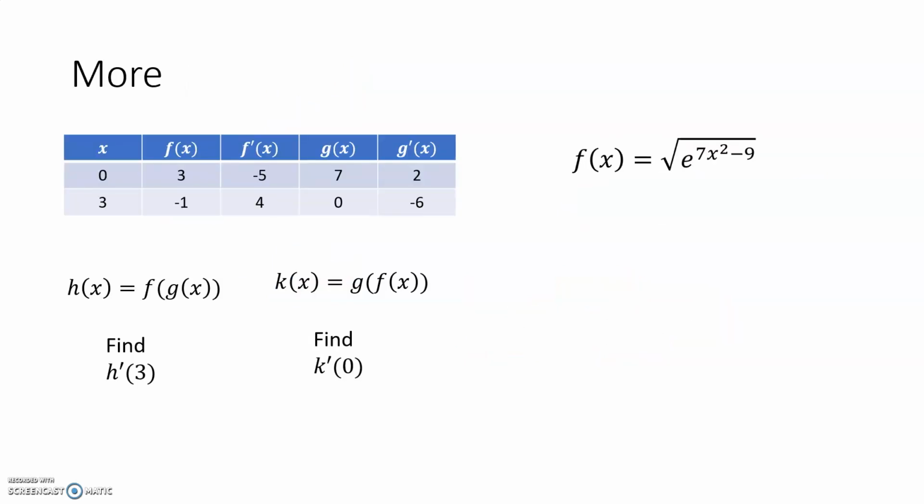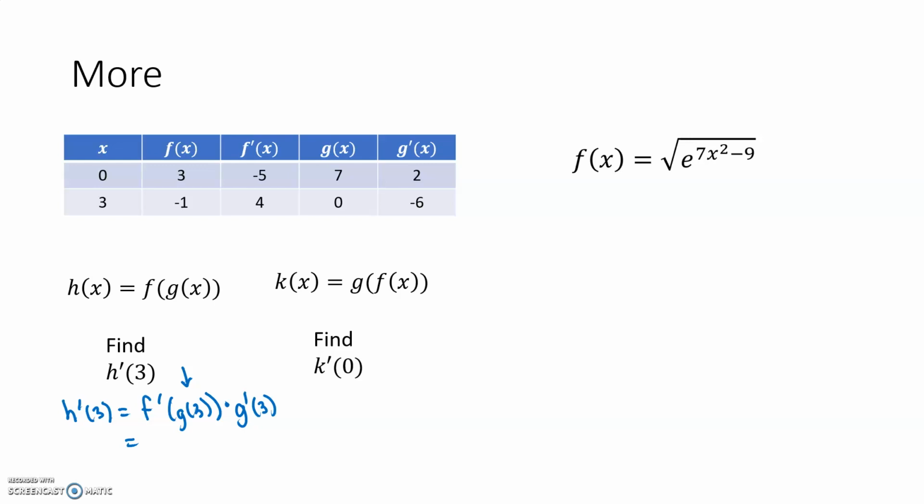All right, a couple more examples. This is a table example. So h of x equals f of g of x. If I want to find h prime of 3, I'm going to do derivative of the mom, leave the baby alone, times the derivative of the baby. Now, order of operations, I need to figure out what g of 3 is first. I need to work my way inside out for these parentheses.